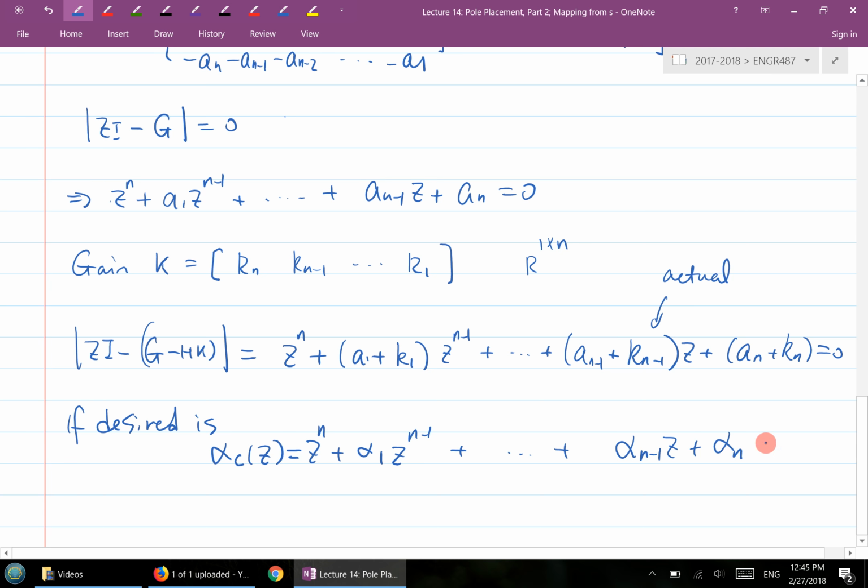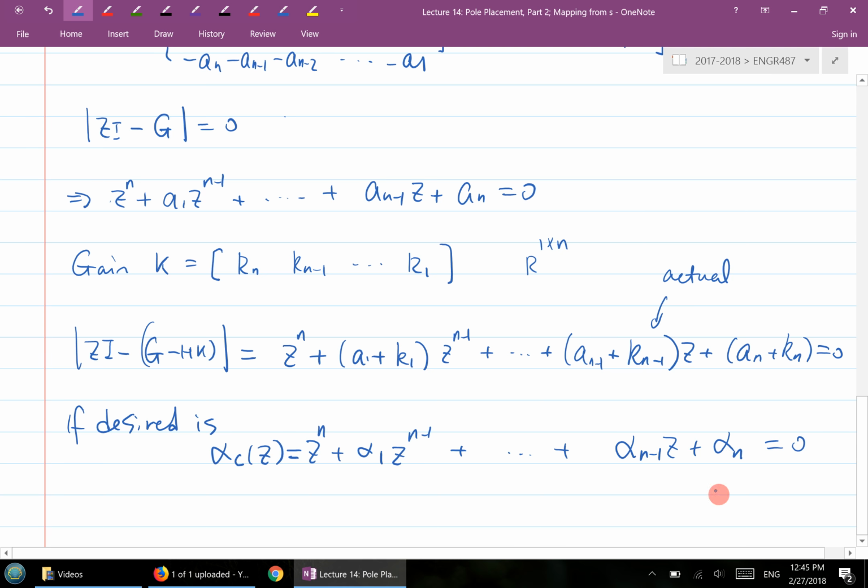So let's say this is your desired closed loop characteristic equation. Where is this desired from? It can be from a combination of different given pole positions, the locations of the poles. So essentially those are knowns here, the alpha here.